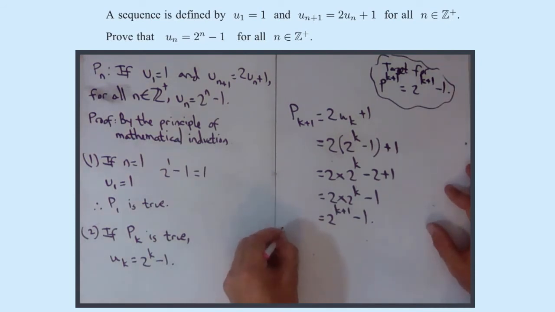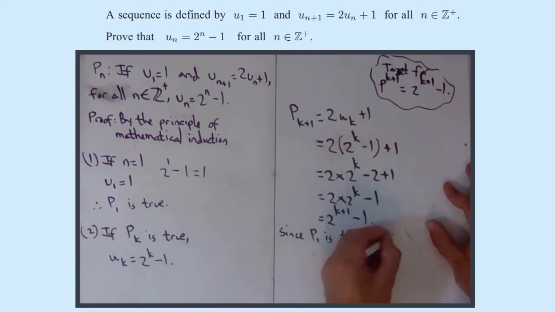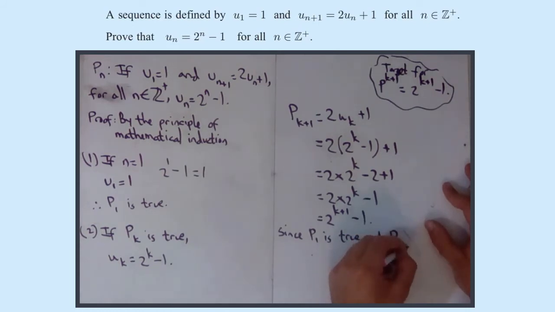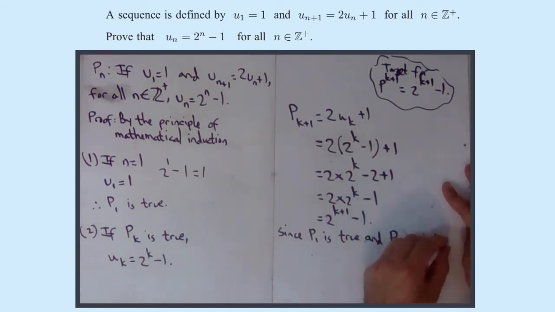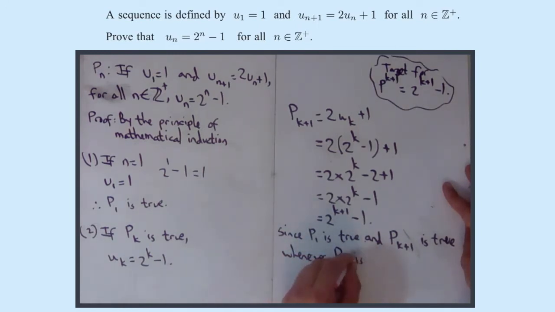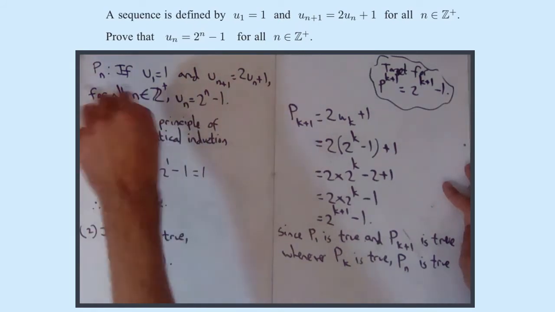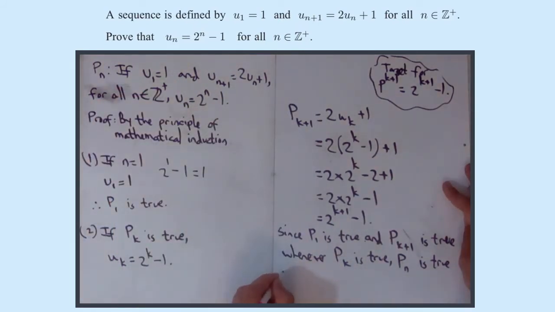So now, since P1 is true and Pk+1 is true whenever Pk is true, so since these conditions have been met, so our domino works, Pn is true for all positive integer n.